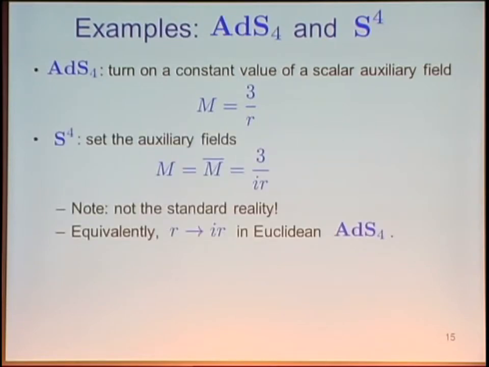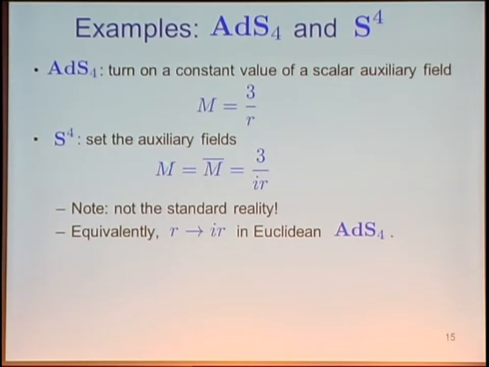The first place it's useful is by studying S4. See, this field M is a complex field. So the Lagrangian depends both on M and M bar. So now let's allow ourselves to specify arbitrary values for M and M bar, and think of M as a complex number and M bar an independent complex number, not necessarily its complex conjugate.